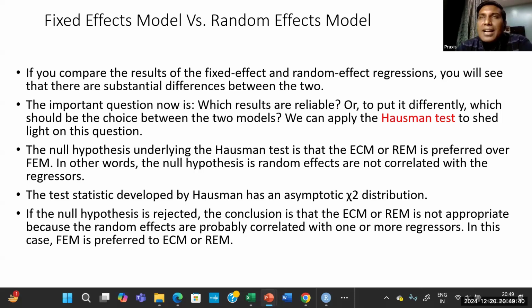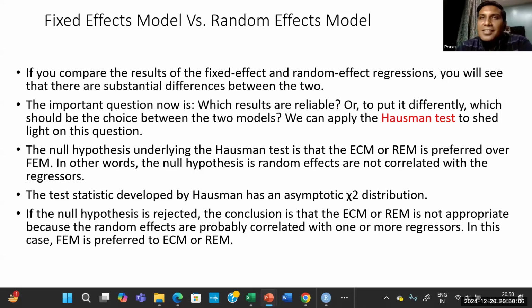We are saying that epsilon i is not correlated with the regressor. They will be correlated. And it is very, very difficult to hold this assumption in the real world. You are saying the individual specific effects are not correlated with the regressor.